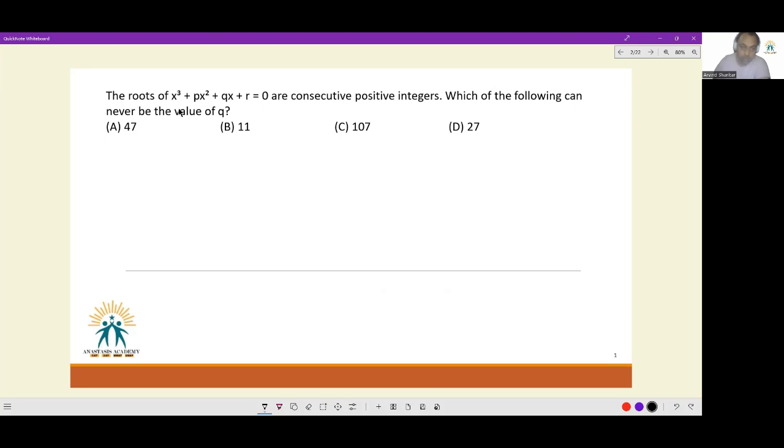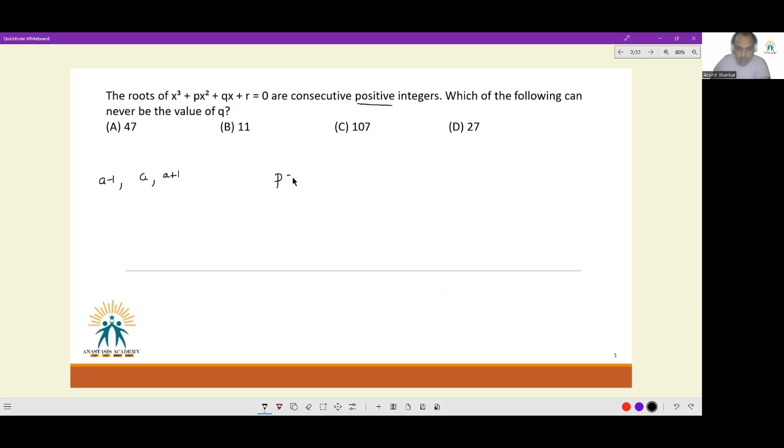The roots of x cubed plus px squared plus qx plus r equal to 0 are consecutive positive integers. Which of the following can never be the value of q? Okay. Let the three consecutive positive integers here be a minus 1, a, and a plus 1.